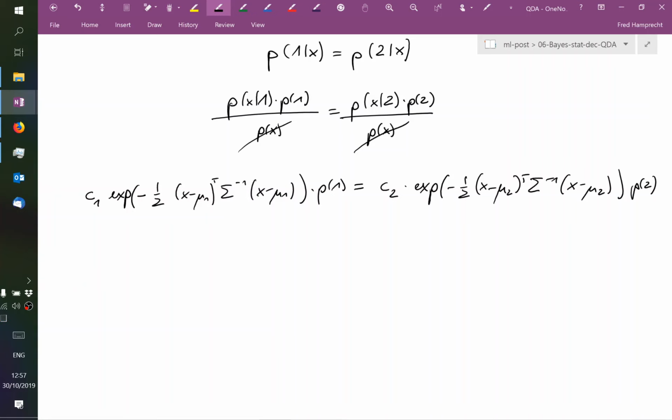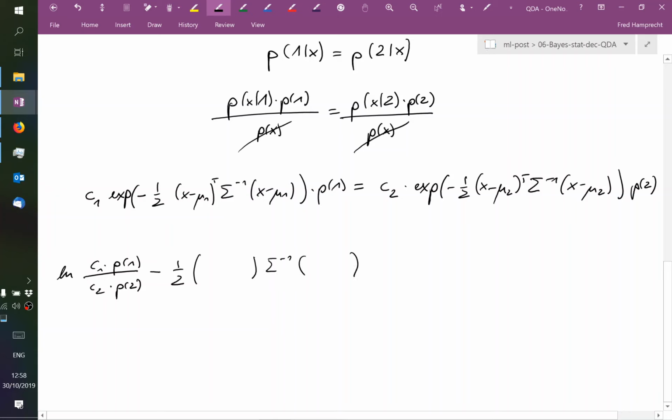All right, and if I now take logarithms on either side, then I find that I get ln of C1 times p of 1 divided by C2 times p of 2, minus 1/2 (x minus mu 1) transpose sigma 1 inverse (x minus mu 1), plus 1/2 (x minus mu 2) transpose sigma 2 inverse (x minus mu 2), equals 0.